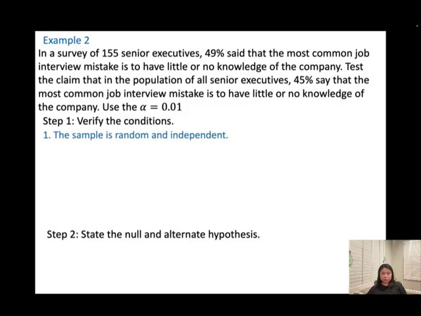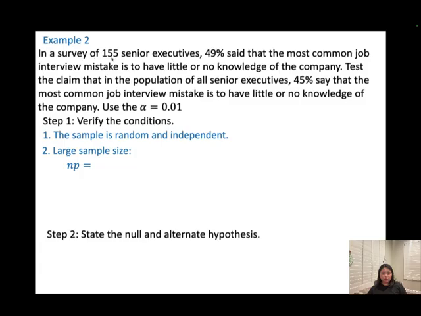Check your work. The sample is random and independent. And then we have a large sample size. We need to have at least 10 successes. So figure out those numbers.